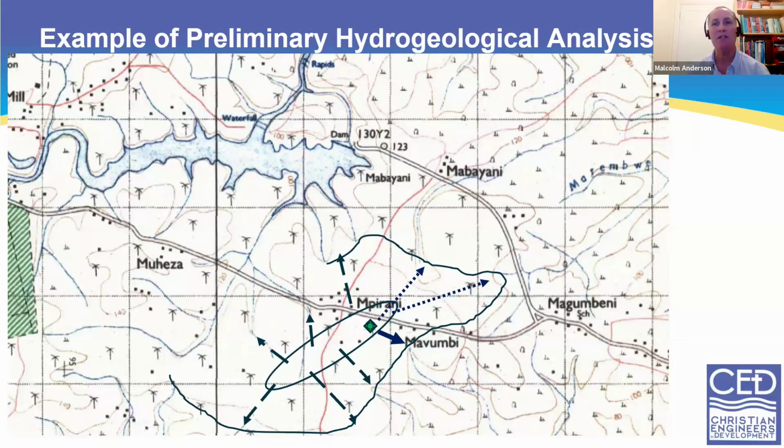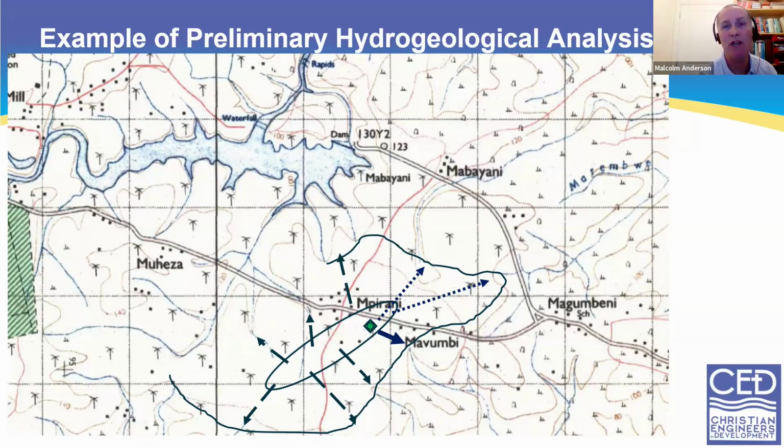And now I've established the groundwater flow direction that I need to be most cognizant of on my site. And so I need to make sure that I don't have any water quality hazards, as far as possible, on the west-northwest side of any particular well site location that I want to put it.